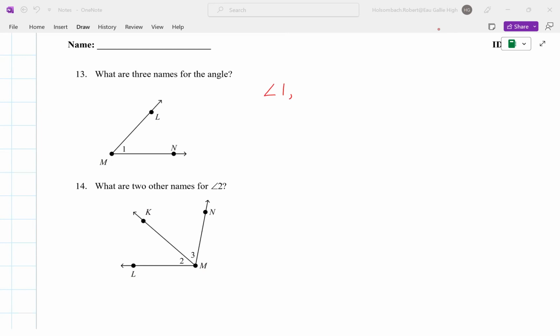In this case, M is the only vertex in the diagram, so we could also call it angle M. We could call it angle LMN. And we can also call it angle NML. All right, so there's 4 names for the angle.